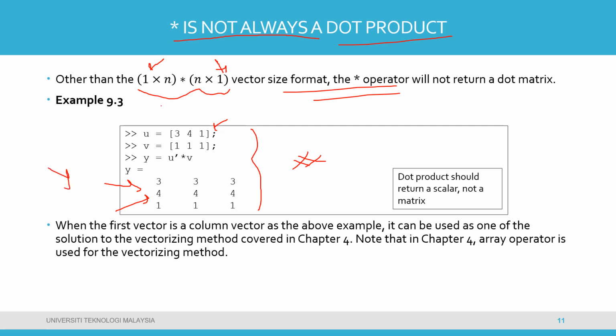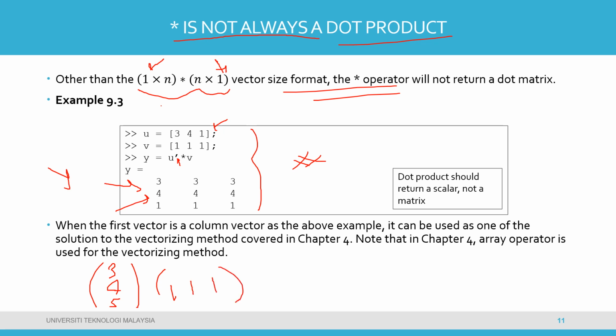So how is it? u bar, basically 3 4 5, or u inverse, and then multiply by v, where v is 1 1 1.